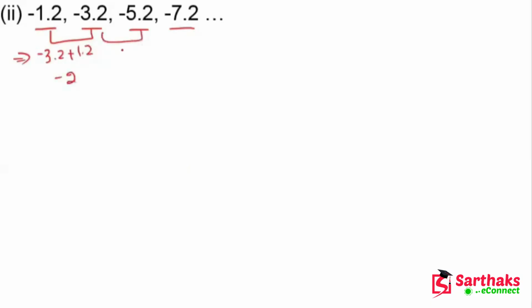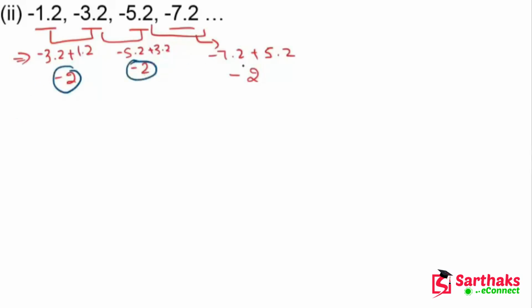Then minus 5.2 plus 3.2, we get minus 2. And minus 7.2 plus 5.2, then we get minus 2 again. So here is minus 2, here is again minus 2, and here is again minus 2. So this is the same common difference. So D is equal to minus 2.